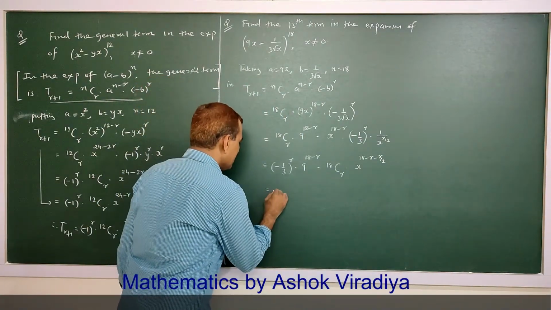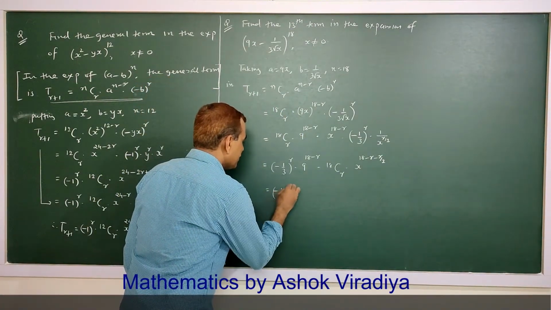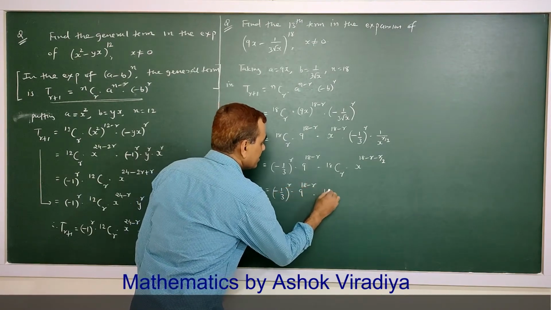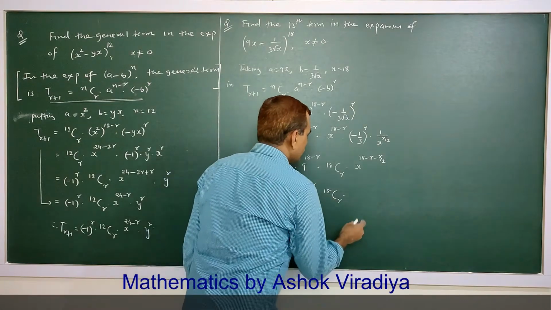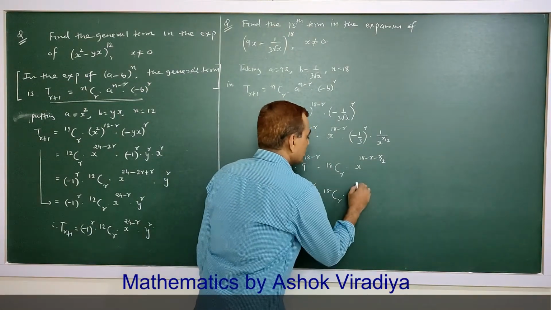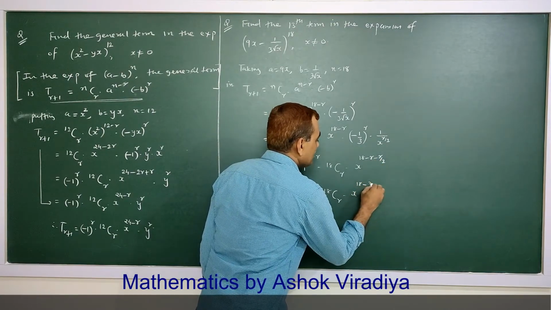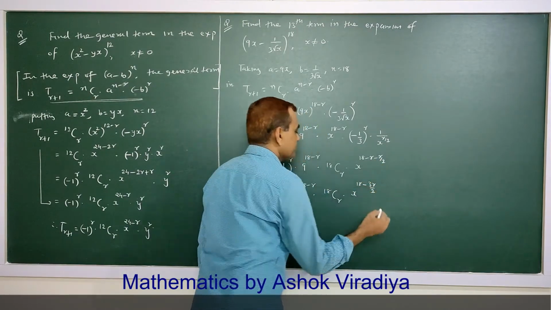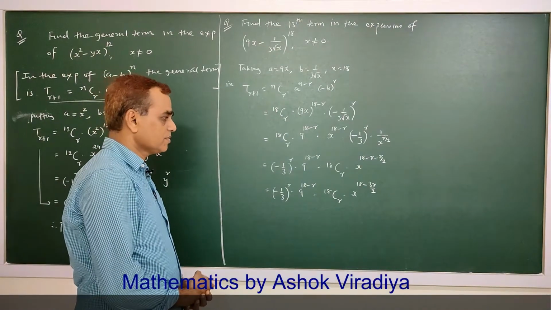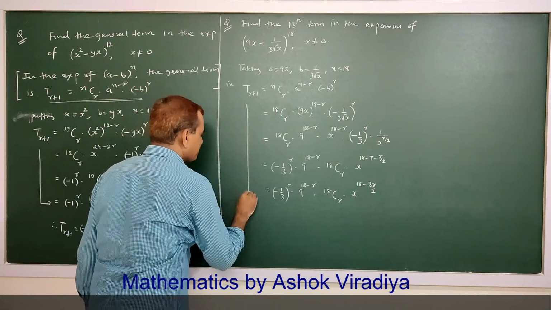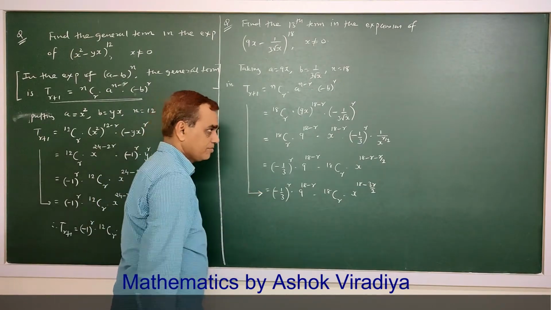So this is (minus 1 by 3) raised to r, 9 raised to 18 minus r, 18cr into x raised to 18 minus r by 2, that is, 18 minus 3r by 2. So this is the general term.